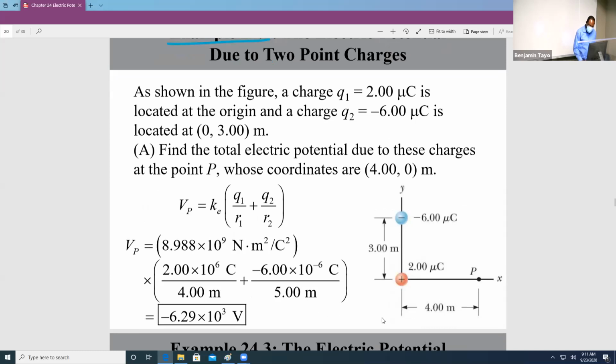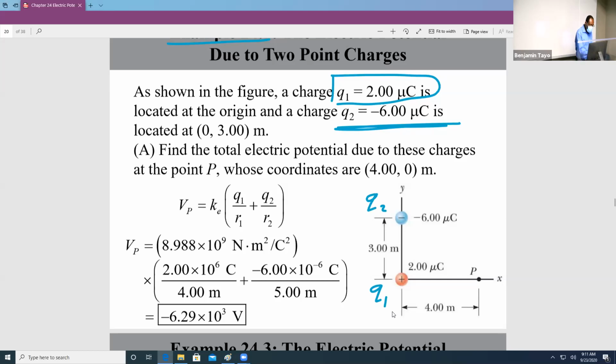And so suppose that we have 2 charges, Q1 is the positive charge, and Q2 is the negative charge. Now it says that Q1 is located at the point 0, 0. So this is my Q1 here. So this is Q2, and this is Q1.